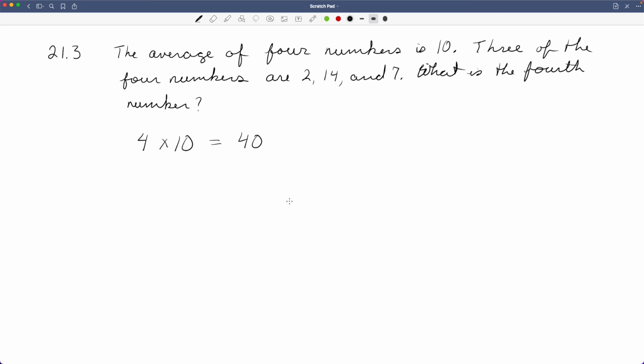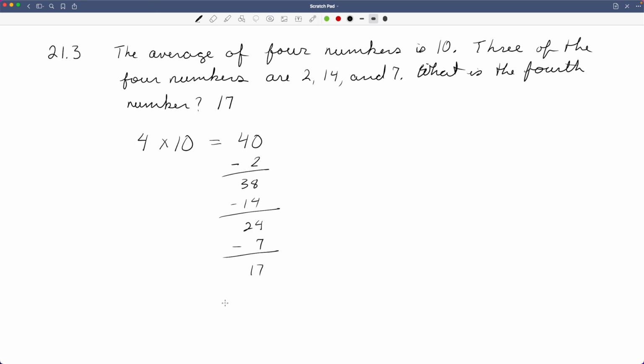We're going to subtract the numbers we know to find the number we don't know. So I'm going to start with 2. Gives me 38, minus 14, that gives me 24, minus 7, that gives me 17. So 17 is the 4th number.